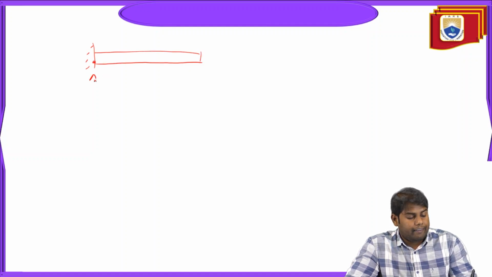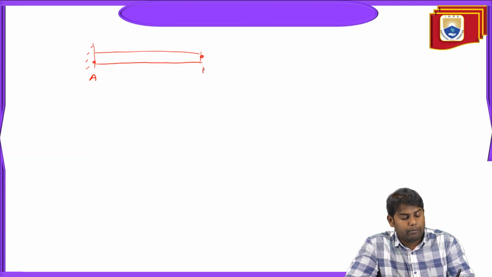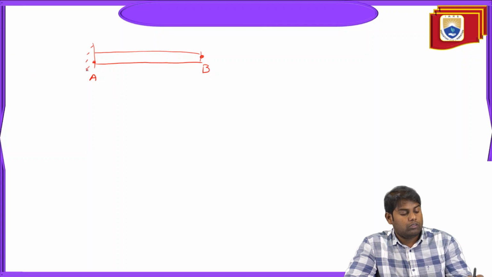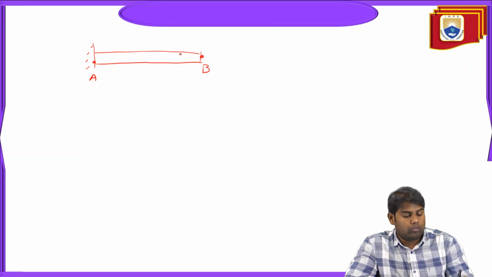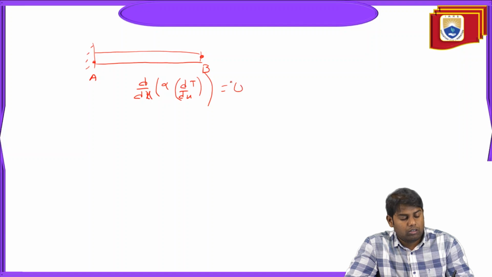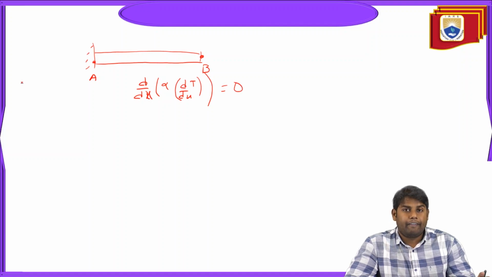This is point A and this is point B. For this we have the diffusion equation, d by dx of, let's say, alpha into d by dx of temperature T, equal to 0.